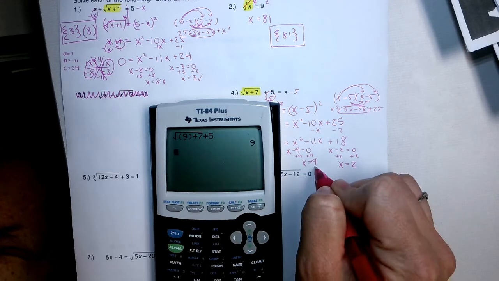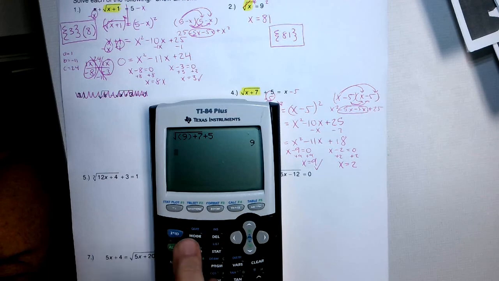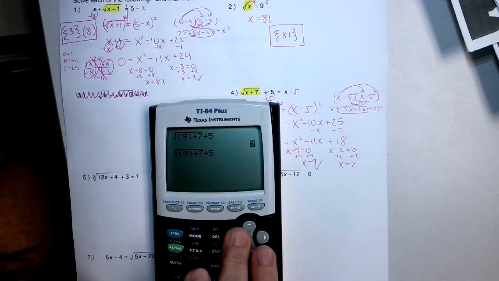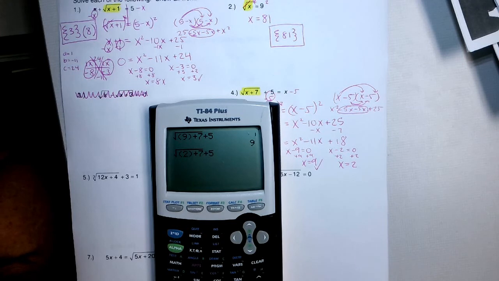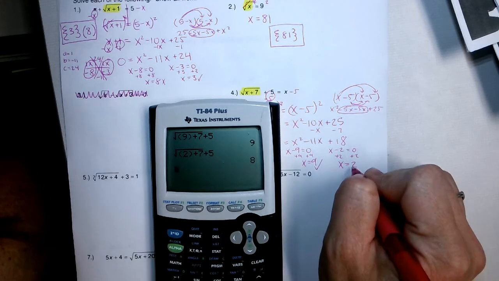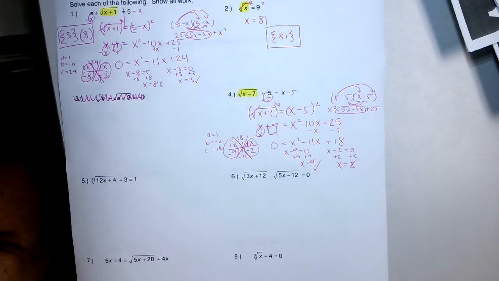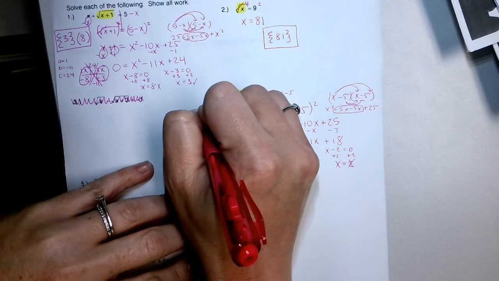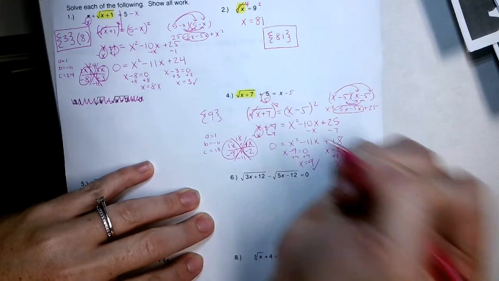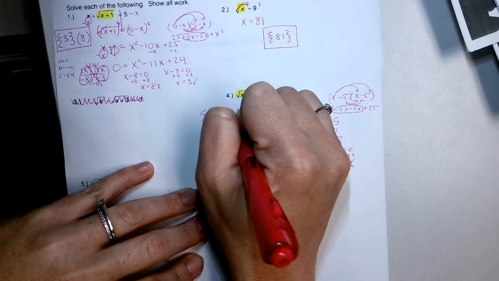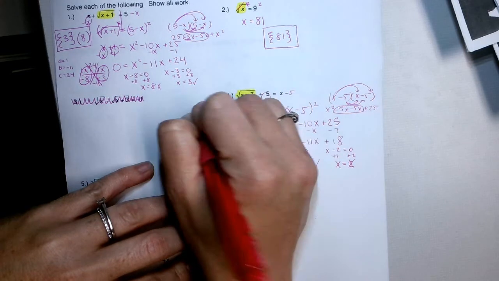So this one works. And let's try the other one. Does it equal 2? So that one does not. So we are going to put our answer that worked in fancy brackets and our solution that did not in parentheses, our extraneous solution.